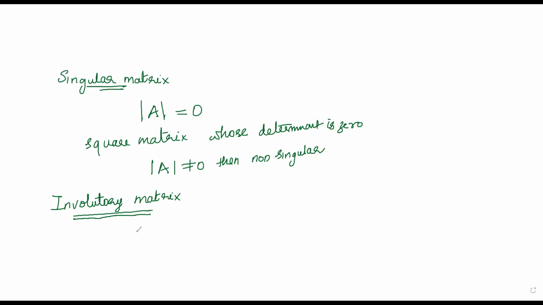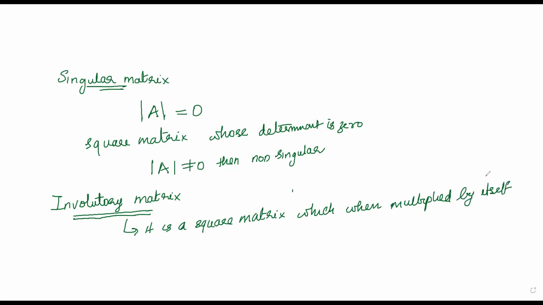An involutory matrix is a square matrix which, when multiplied by itself, yields the identity matrix. Write it down.